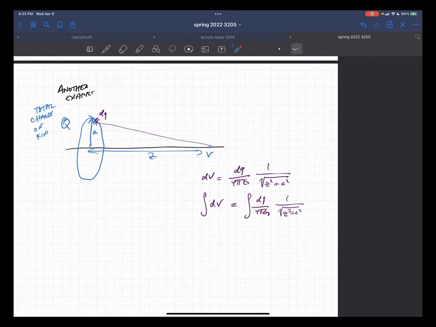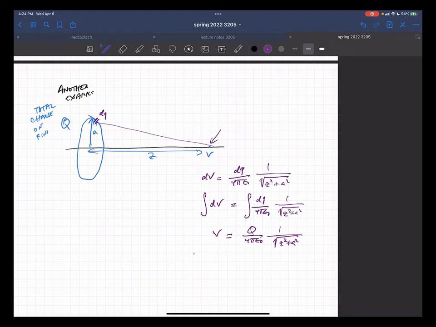So this term, the integral of dq, would just give me Q, because it's all the charges there, over 4 pi epsilon naught 1 over square root of z squared plus a squared. And so this is the total potential here.